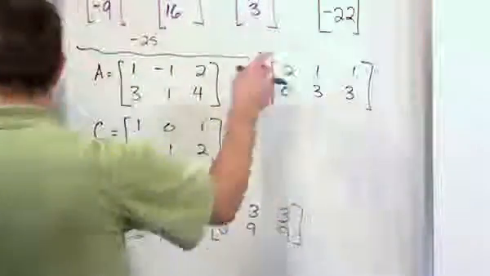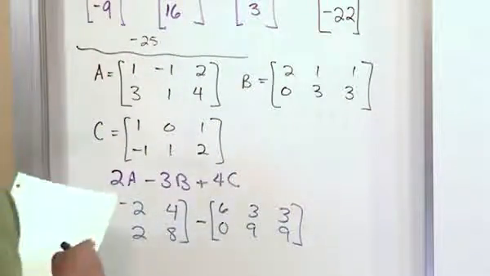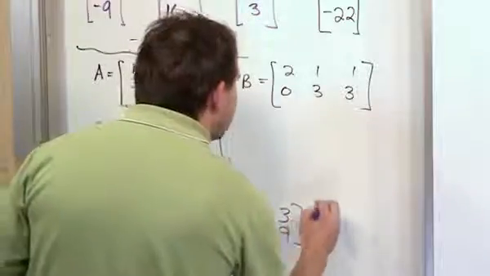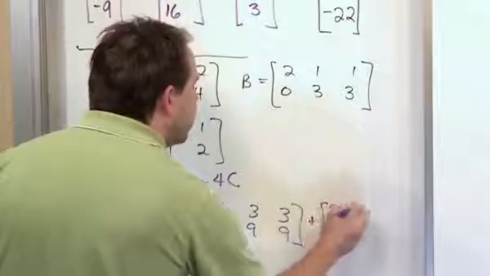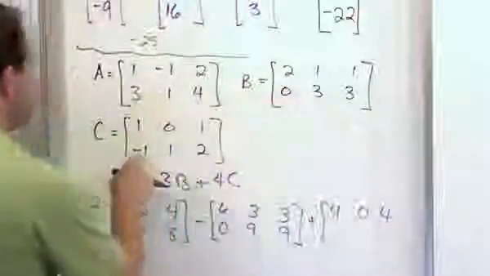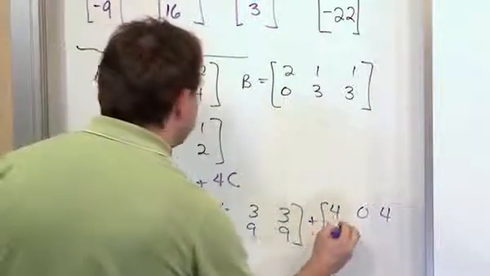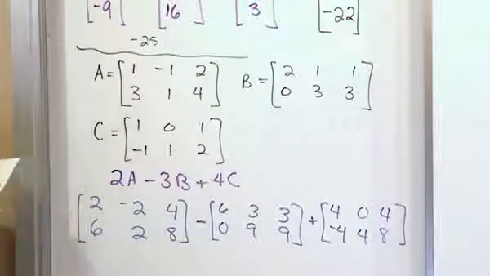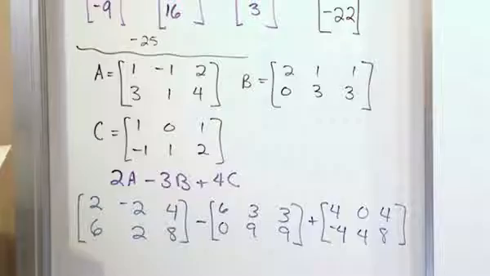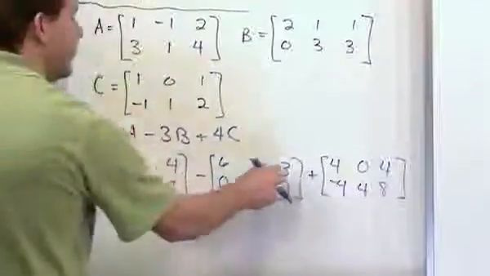Then we have plus 4 times matrix C. 4 times 1 is 4, and we'll have 0, 4, and then -4, 4, and 8. Essentially we multiply everything by the number 4.